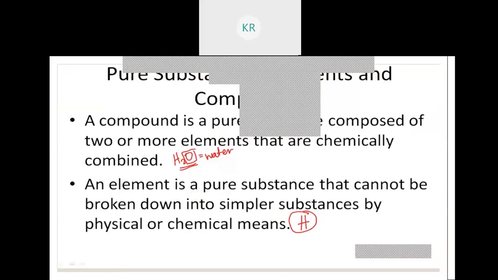So here you can see about pure substance. A pure substance is a substance that is made of only one kind of particle.